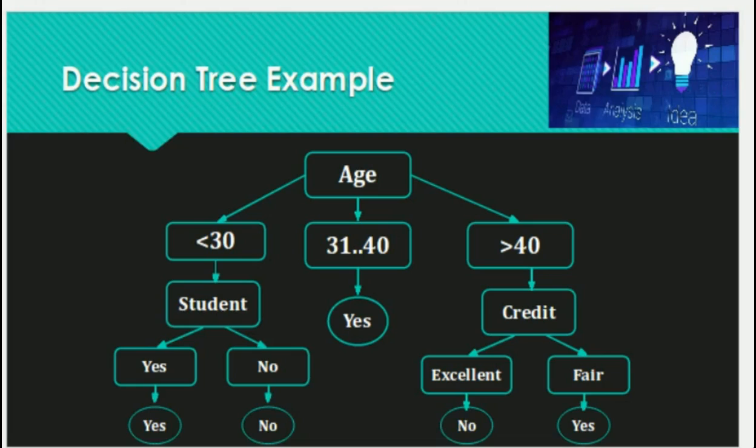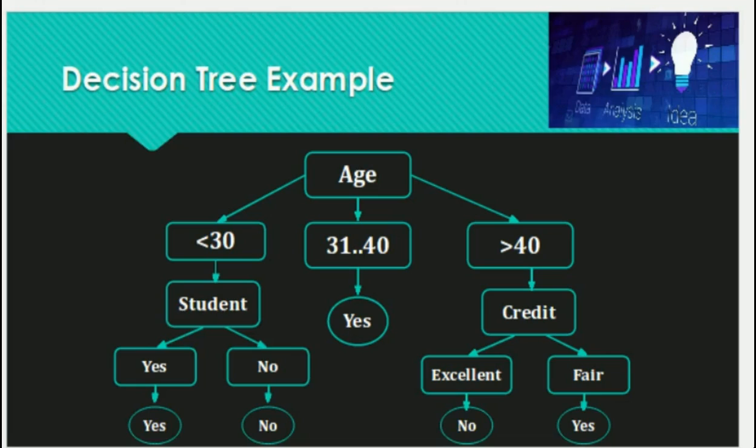I hope you understand very well how to create a decision tree for a given data set. The most important task is to calculate the entropy and information gain for each node so that you are able to decide which node should be the root node. There are multiple algorithms that exist to implement a decision tree.